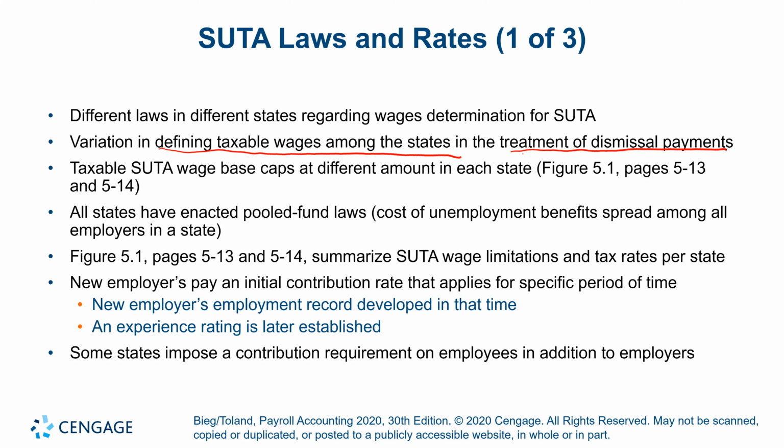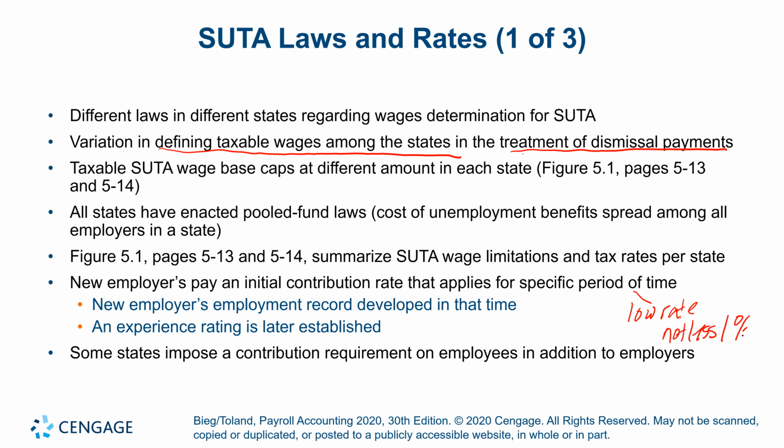New employers pay an initial contribution rate that applies for a specific time period. Usually, this is a low rate. Like I know it says in your book, for example, Oklahoma's is 1.5%, or another state is 2% or whatever, but it cannot be less than 1%.